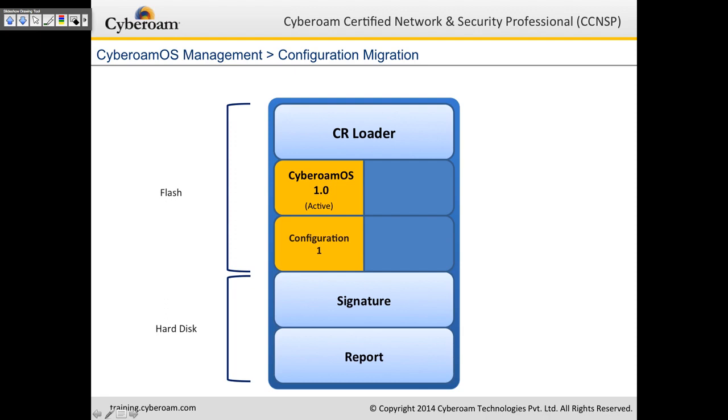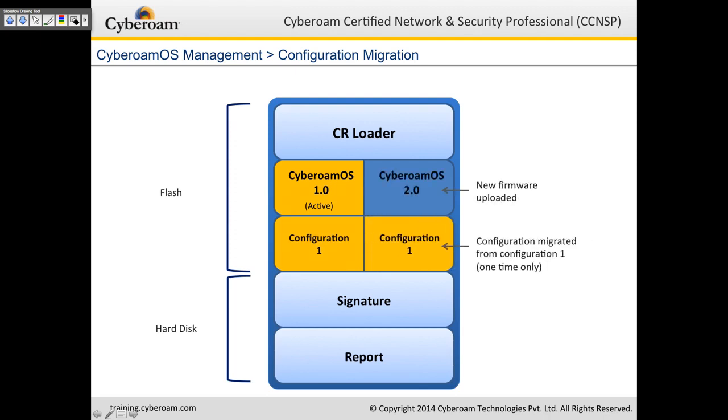Now you can see the first Cyberoam OS is Cyberoam OS 1, which is currently the active firmware on the appliance, and you've got configuration 1 related to Cyberoam OS 1. Now you might have uploaded a newer version of Cyberoam OS. So you uploaded the newer version, which is Cyberoam OS 2. Automatically, the configuration is migrated from configuration 1 to configuration 2 related to OS version 2. And this configuration migration is one time only.